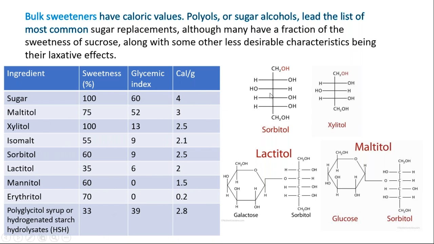However, a disadvantage of the sugar alcohols like sorbitol, lactitol, maltitol is that they have laxative effects. And if you are chewing sugar-free gum from morning to evening, you will notice the next day the laxative effect of these sugar alcohols.